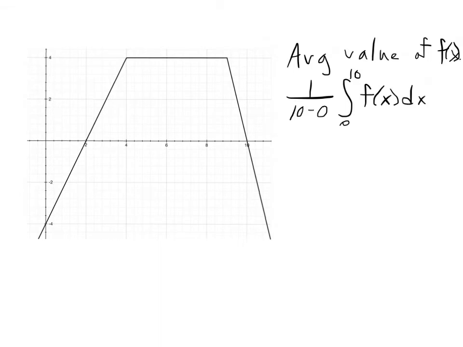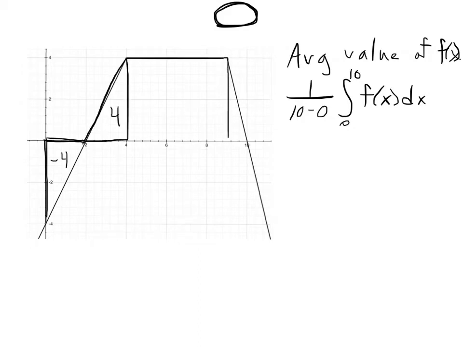Because this is a graph of f of x, we should be able to do this by computing areas. This thing here is a triangle that's 4 by 2, so this area is negative 4. Here's another triangle whose area is 4.